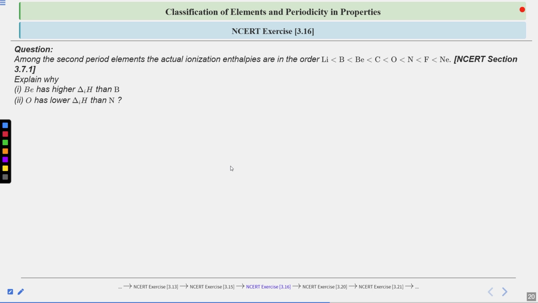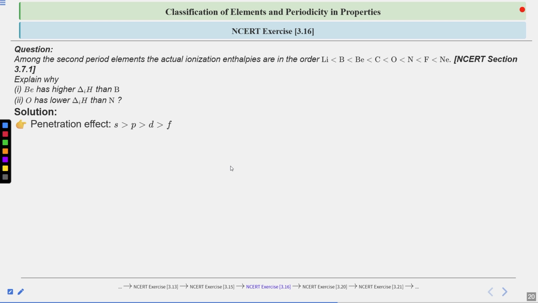So, first of all, we will look at the first anomaly, that why your beryllium has higher delta IH than the boron. Now, we have already talked about it, and I have said a very clear point there, that the reason is the penetration effect and not the full-filled s orbital. Remember this point, this is very, very important.